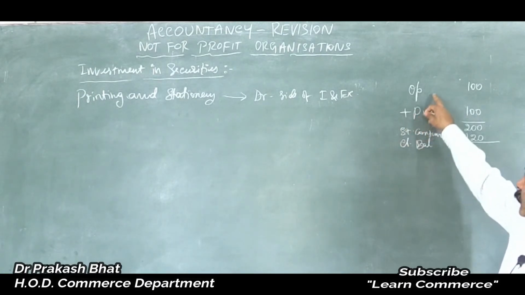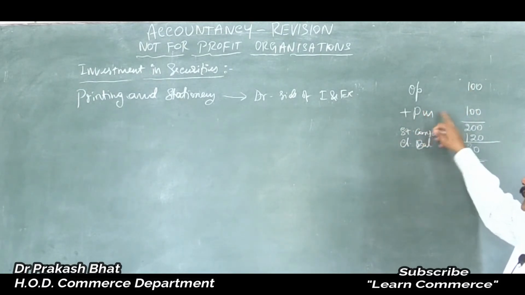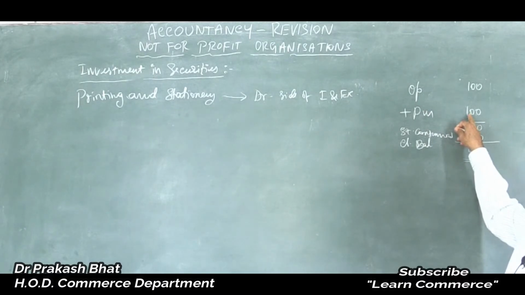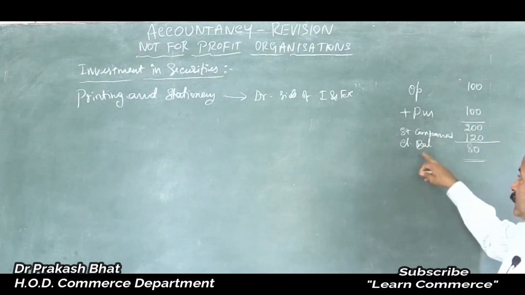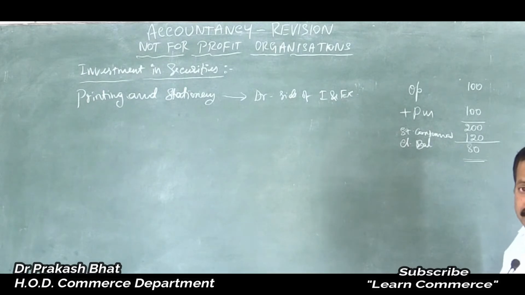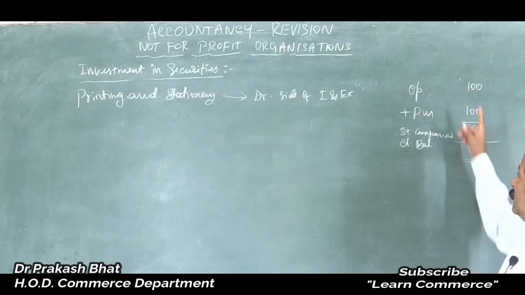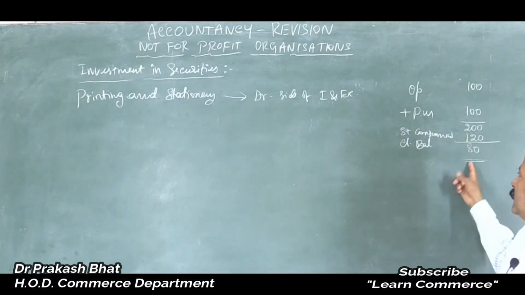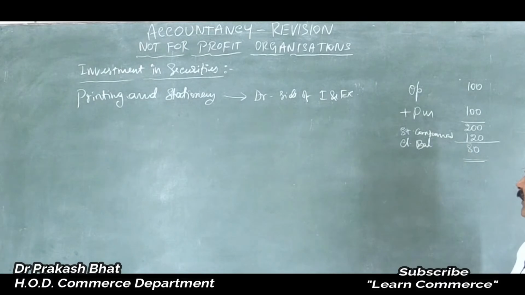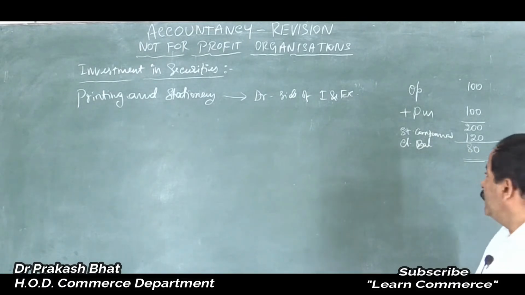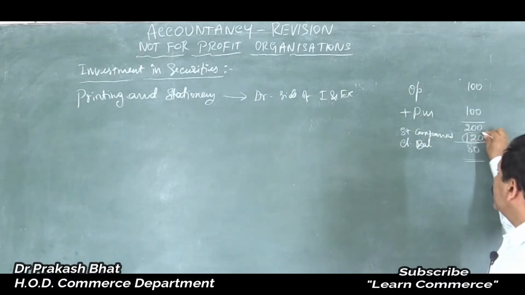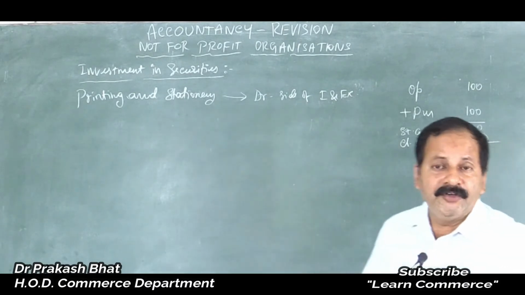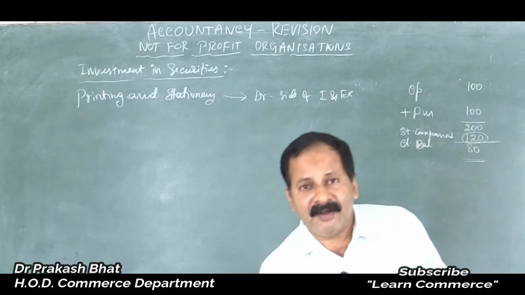So in this case, the opening balance is given, purchases is given on the payment side as printing and stationery, then the closing balance is given in the adjustment part. What you have to do is: opening, add purchases, less closing, and you will get the difference as stationery consumed during the year. This 120 stationery consumed amount should be debited to income and expenditure account.